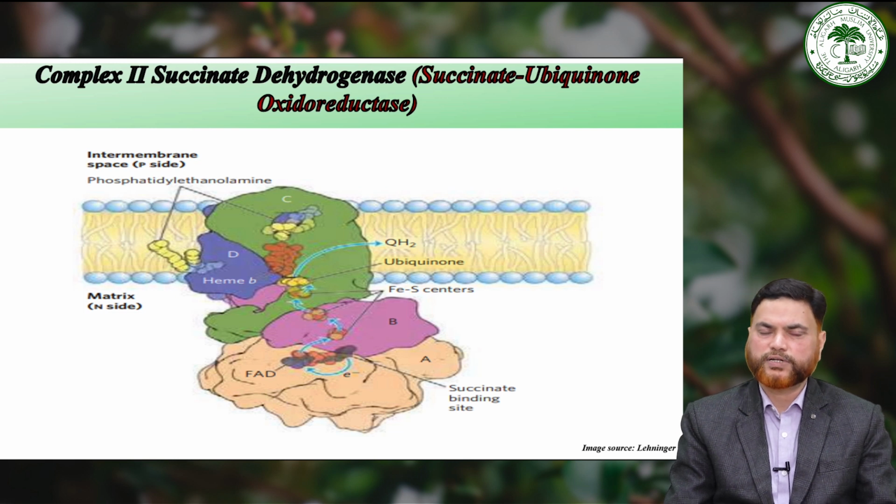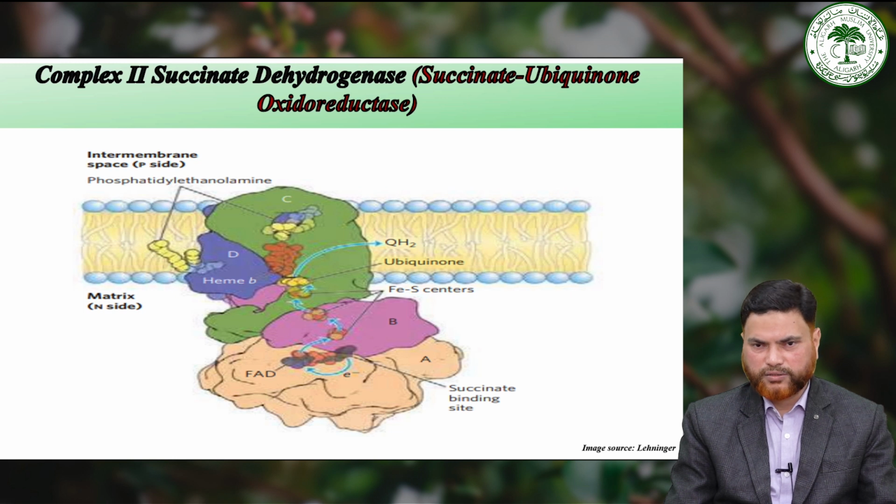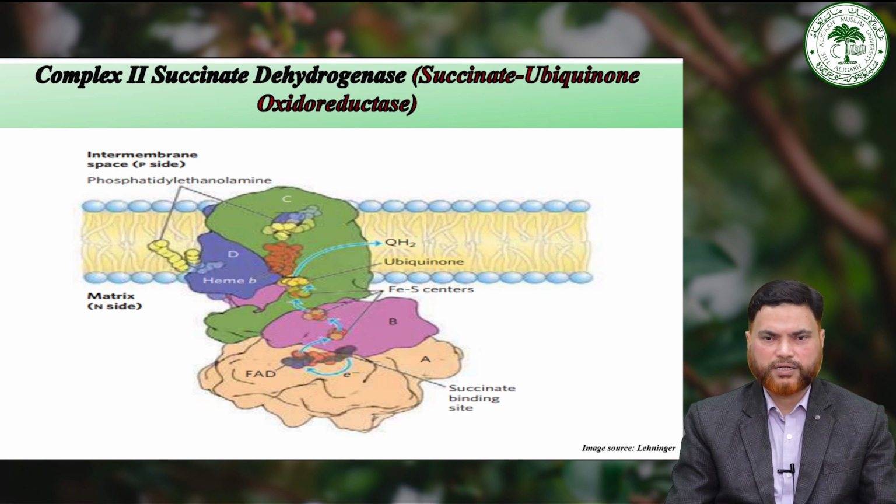This enzyme facilitates the oxidation of succinate, extracting 2 electrons and transferring them to ubiquinone, resulting in the reduction of ubiquinone to ubiquinol, or UQH2. Whereas complex 2 does not contribute to proton translocation across the mitochondrial membrane.